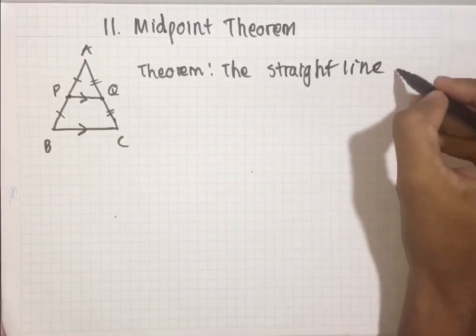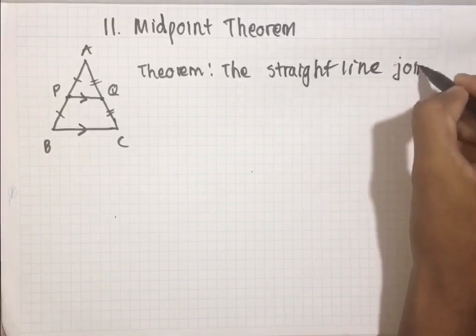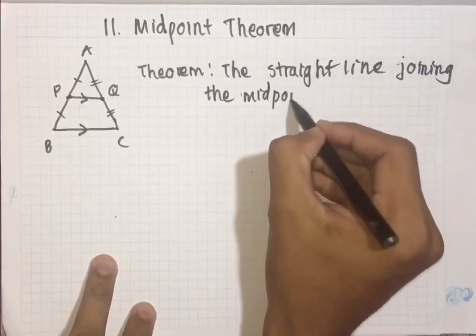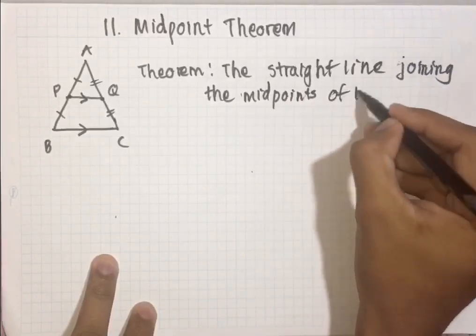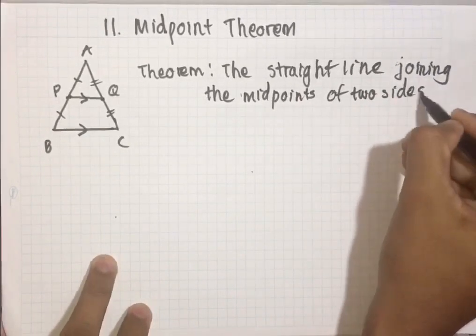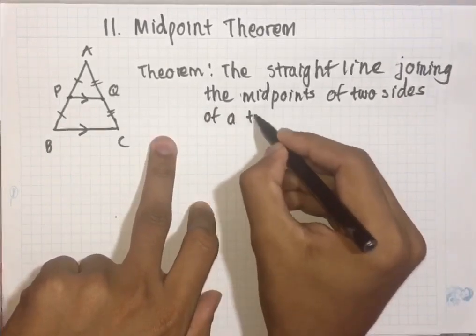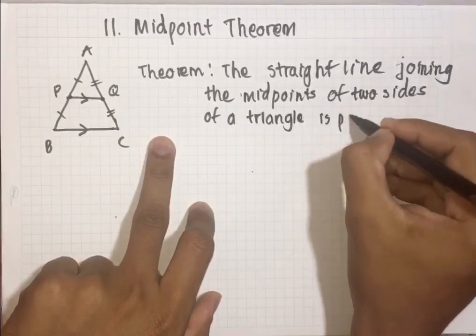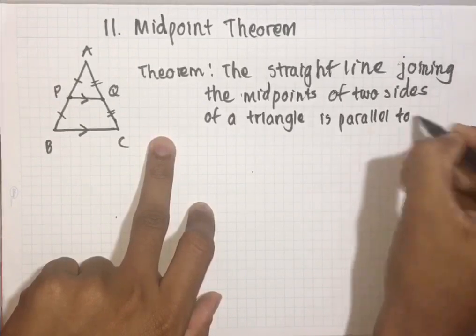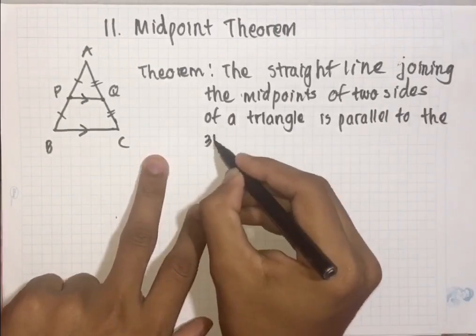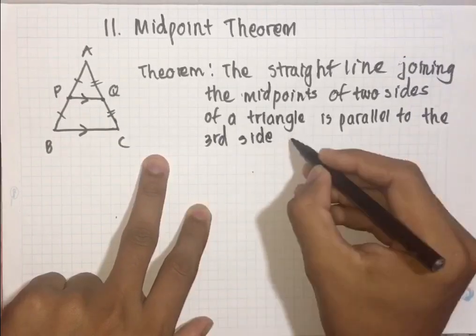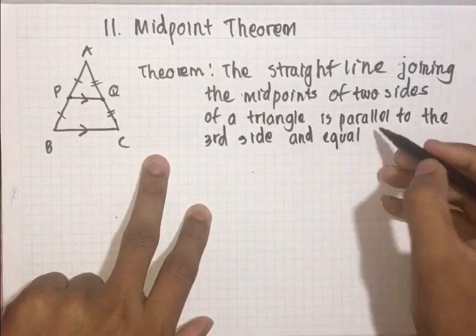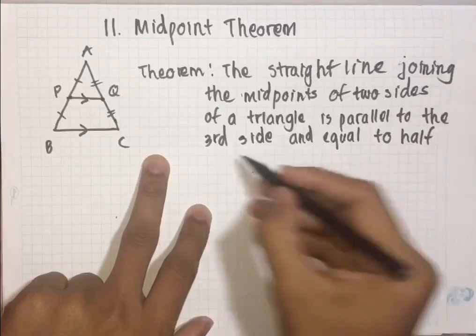The straight line segment joining the midpoints of two sides of a triangle is parallel to the third side and equal to half of its length.